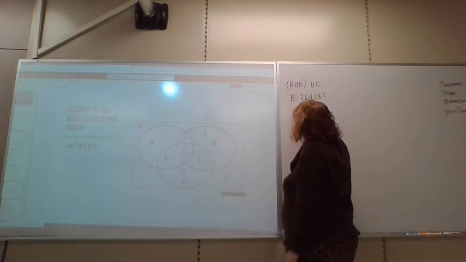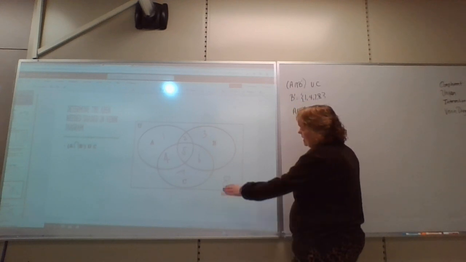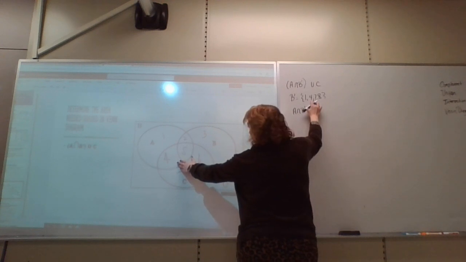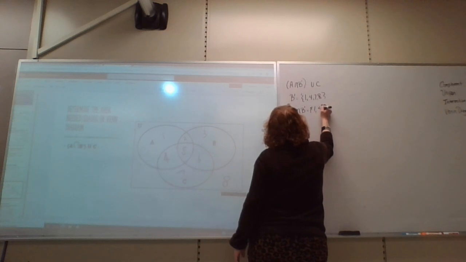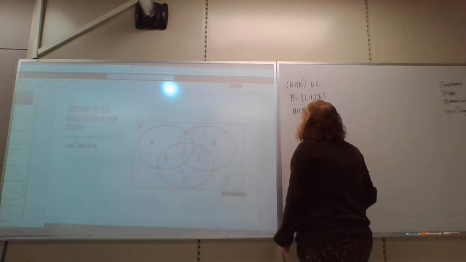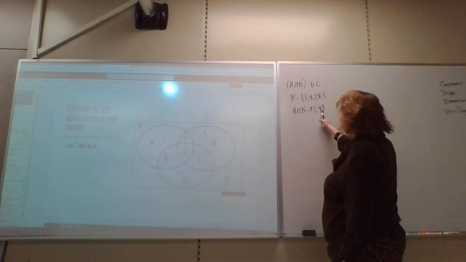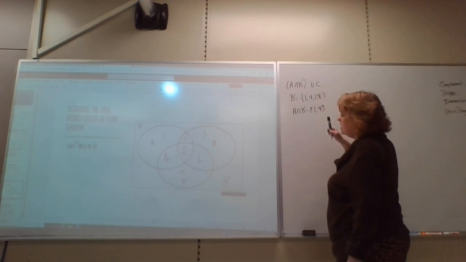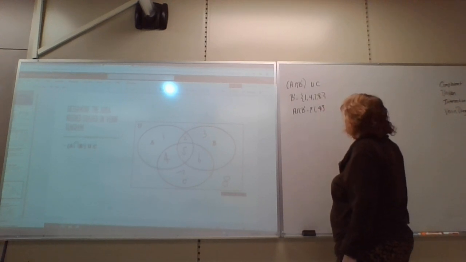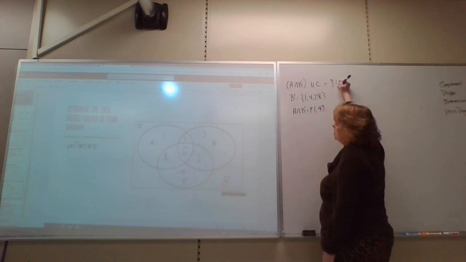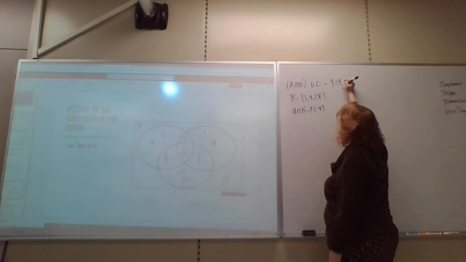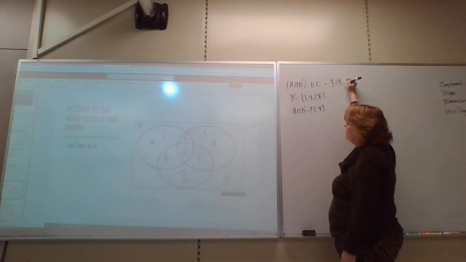Now we have to find out what A intersect B complement is. Looking at A and at this, what do they have in common? 1 and 4. Now we take this and union it with C. So it'd be 1, 4, and then 5, 6, 7.